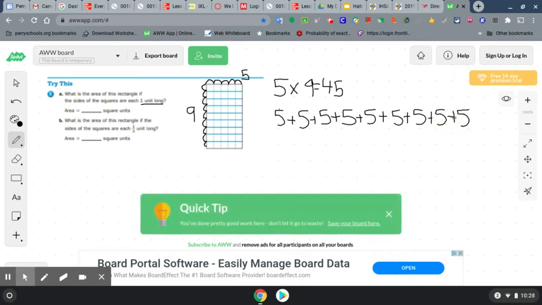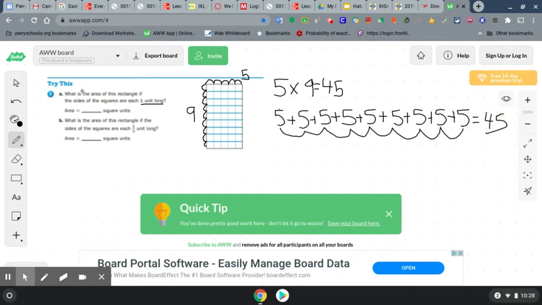So I got my addition going here. I'm going to put my equal sign. And now I'm just going to count by 5s 9 times. So here we go. Start off with 5, 10, 15, 20, 25, 30, 35, 40, and 45. There we go. Just that easy.